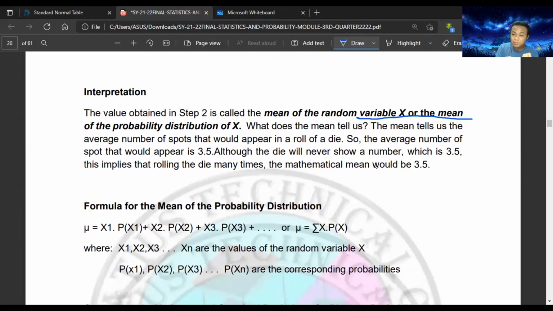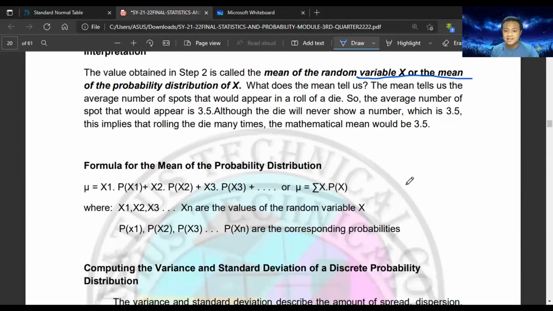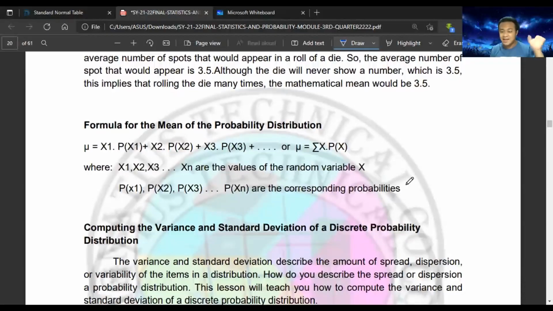Although there is no 3.5 on a die, the mathematical mean is 3.5. It does not actually happen, but mathematically that is the mean.